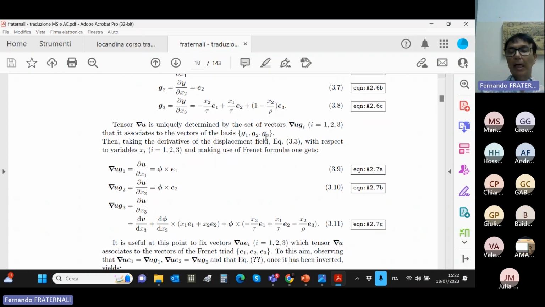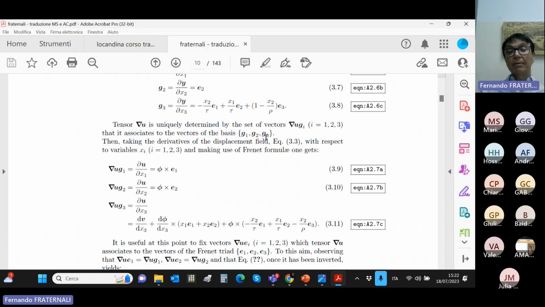We show how this tensor acts on three base vectors, and since any other vector can be defined as a combination of G1, G2, and G3, we are basically defining how the gradient of U acts on each vector of the three-dimensional space.